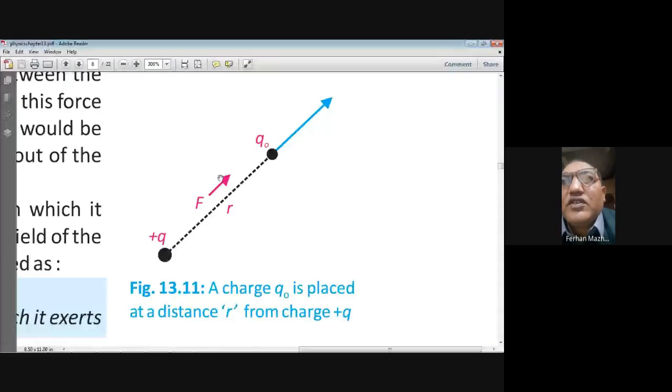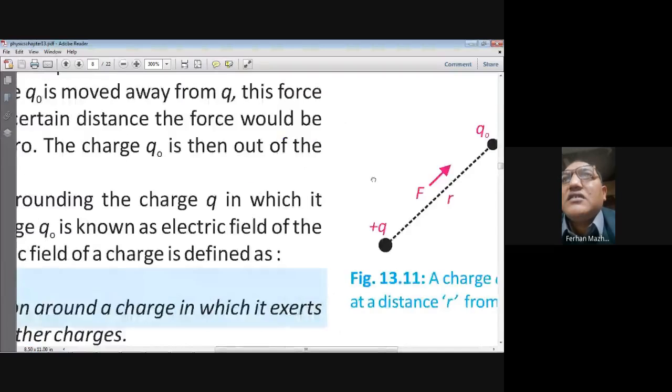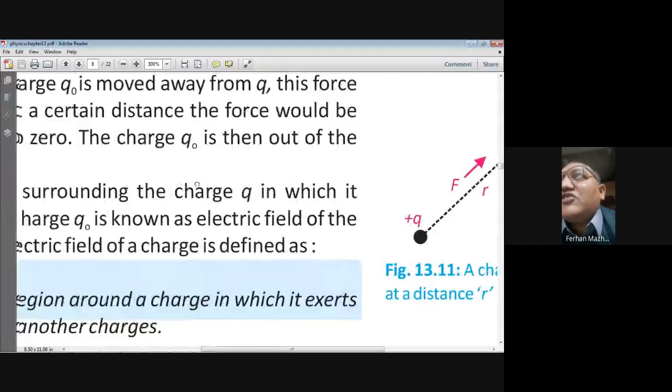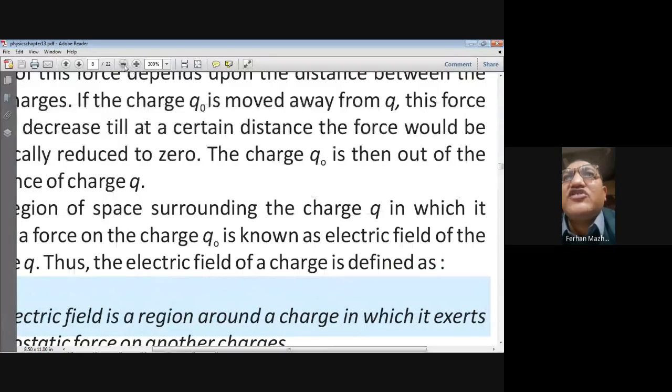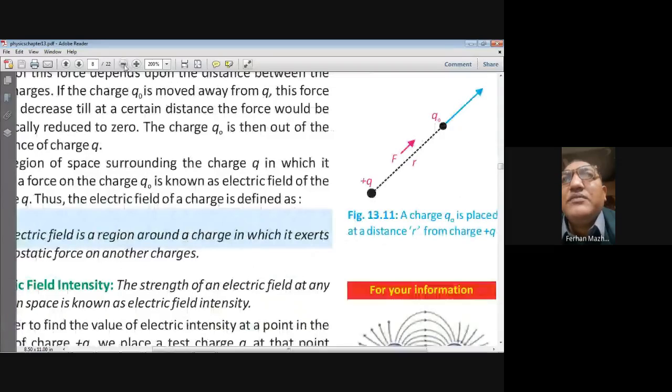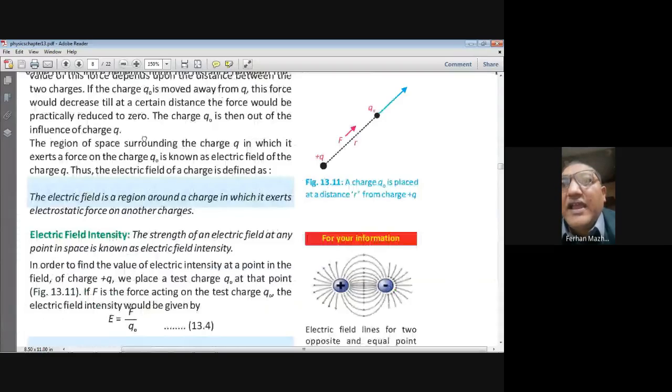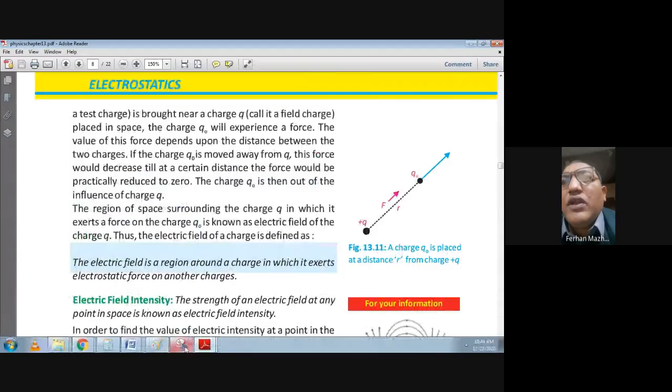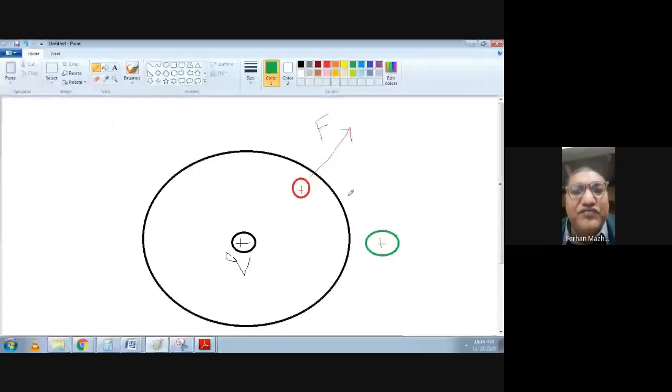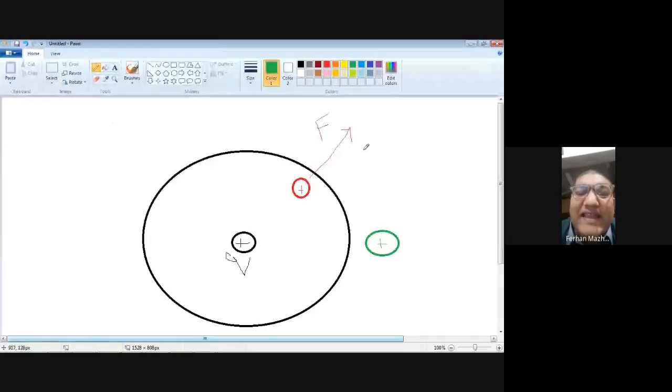So, okay, now when you place a test charge, you know the test charge means its charge is 1 coulomb. I'm using the word test charge. Test charge means it's a 1 coulomb positive charge.